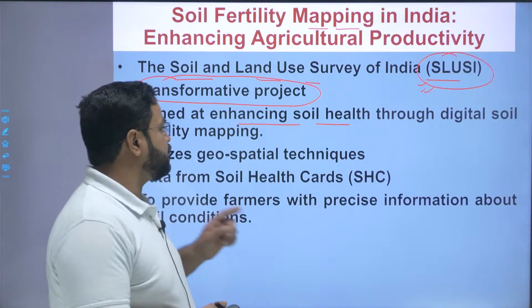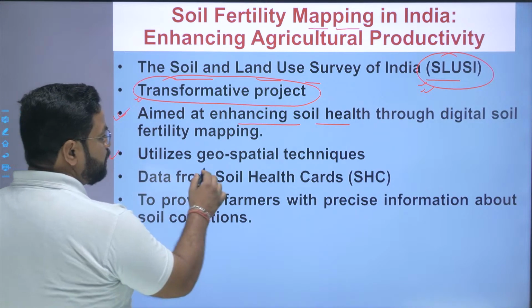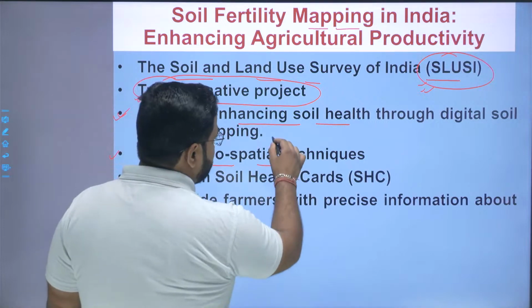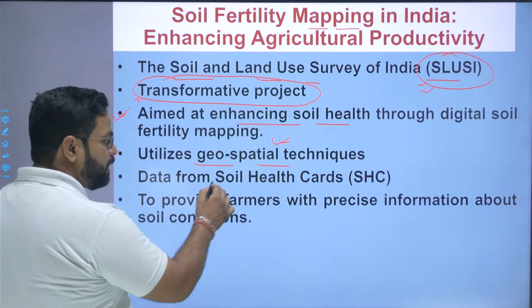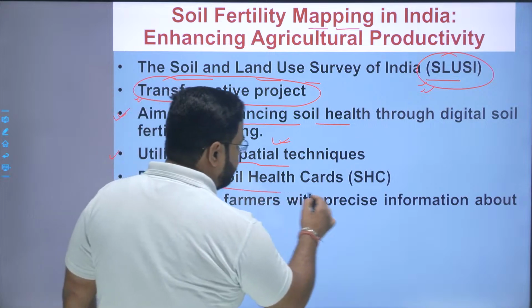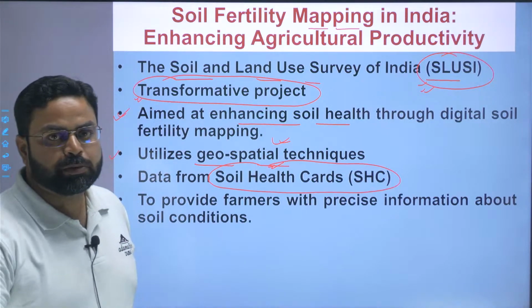So as to address this problem, this is being done, and this utilizes geospatial techniques to map the soil of India, and the data from the soil health card database will be pulled in to prepare this map.